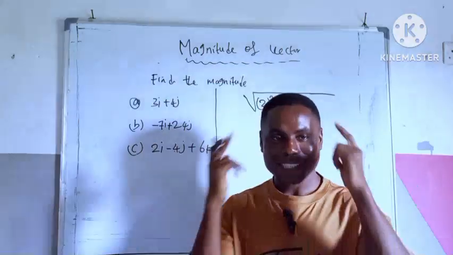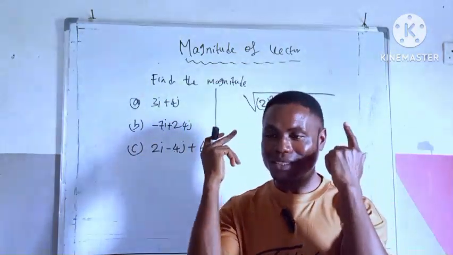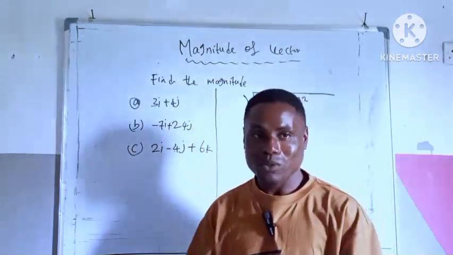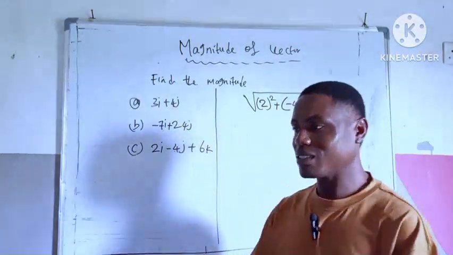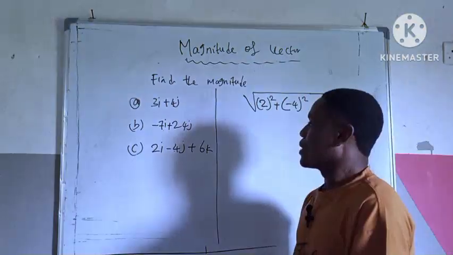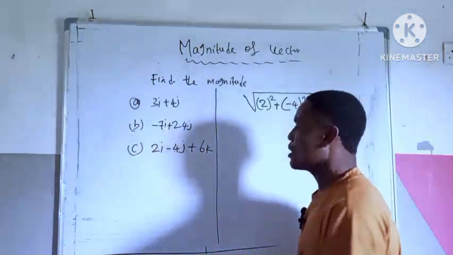Not head. Your brain is inside, and the main point is cerebrum. It's part of the brain, so that is where intelligence, voluntary actions, and other things are taking place or being carried out.